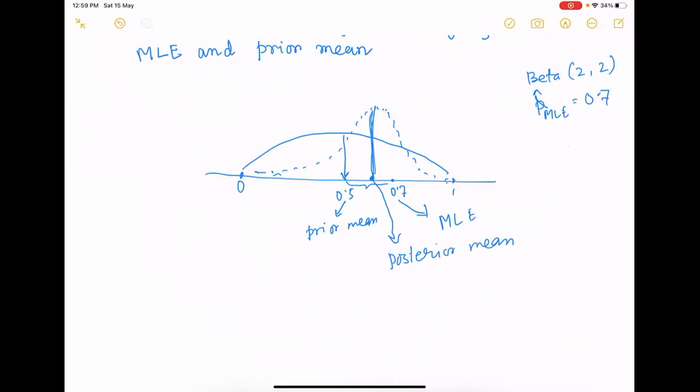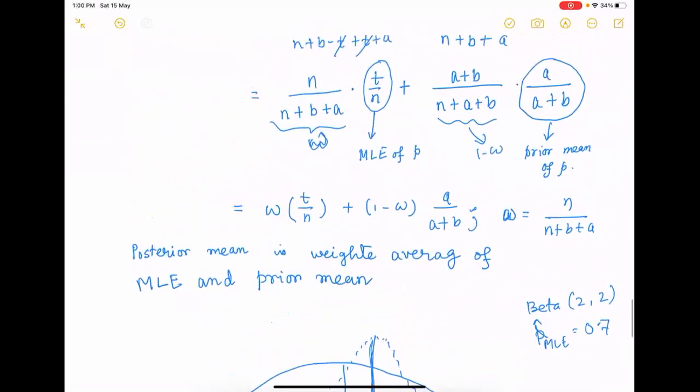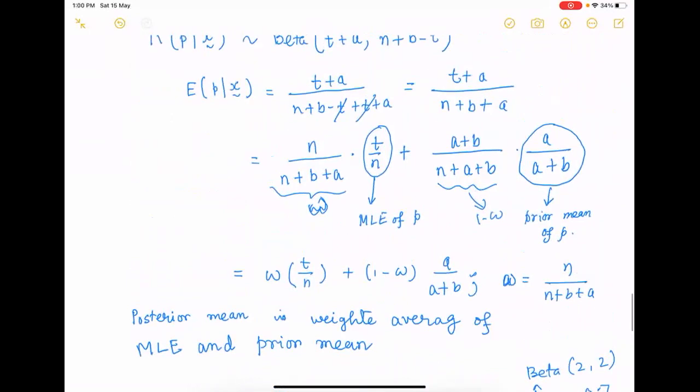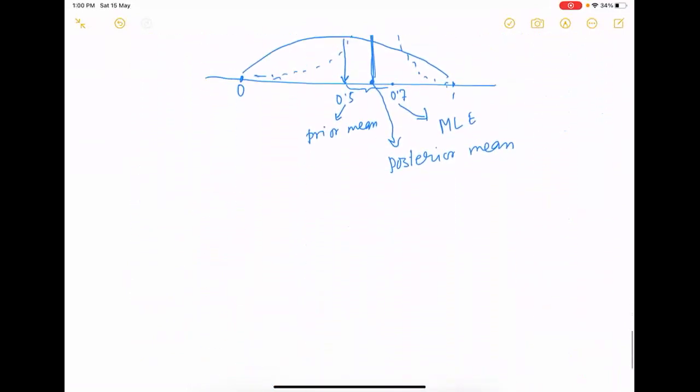Two more points and then I will close today's discussion on Bayesian estimation. Let's look at the posterior mean for the sample proportion in a little more detail.